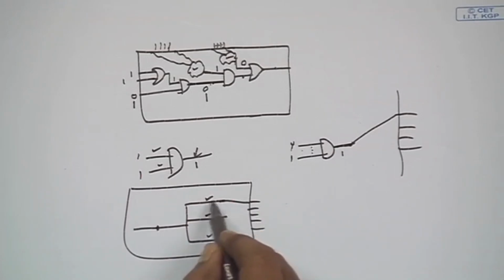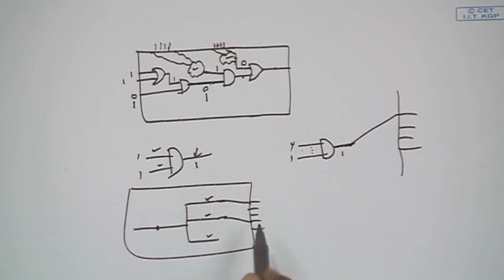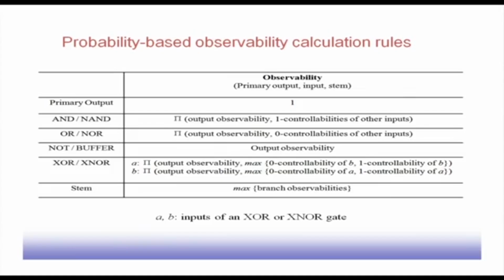So the observability value of this stem is the cost of taking this stem to the output. Similarly, this branch may be going to this output. So you take the maximum of all these branch observabilities. Whichever branch gives the maximum observability, through that the stem can easily be observed.